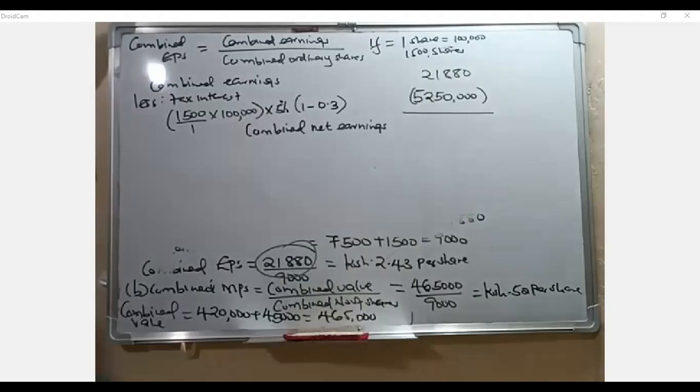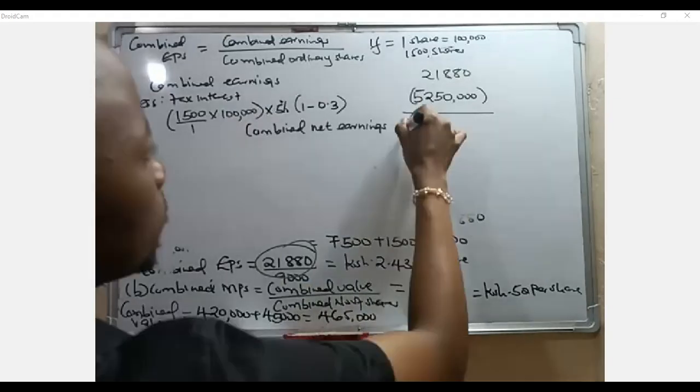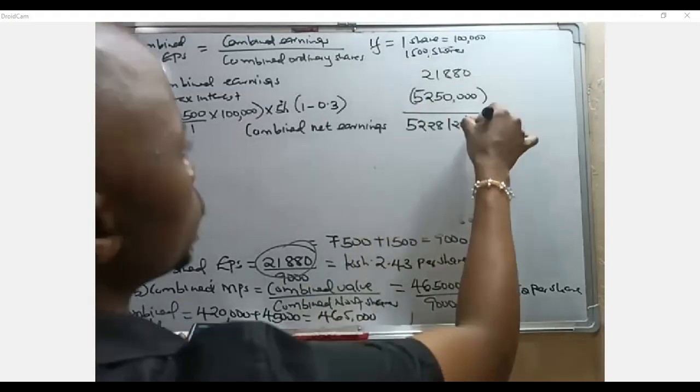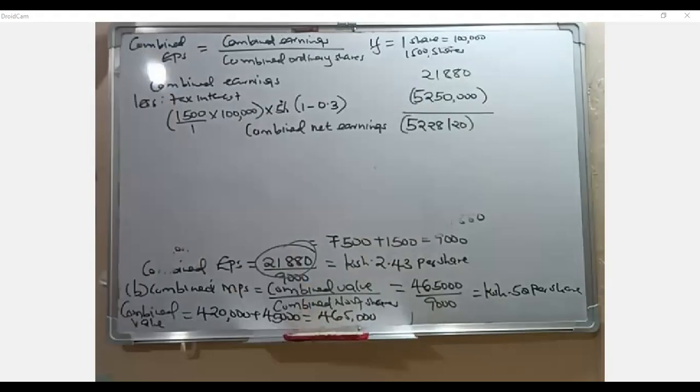So 21,880 minus our answer, we are going to be getting negative, right? We're going to be getting 52,28,120, which is negative there.